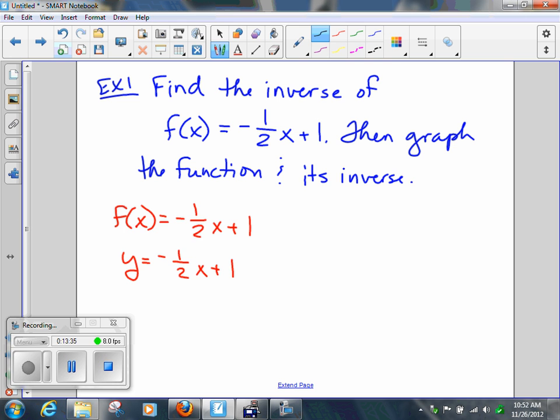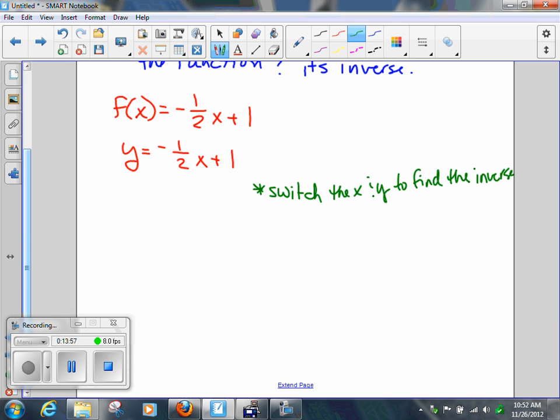Is that it? We what? Switch the x and y. Folks, do the very same thing. Switch the x and y. In order to find the inverse, we just switch the x and y.